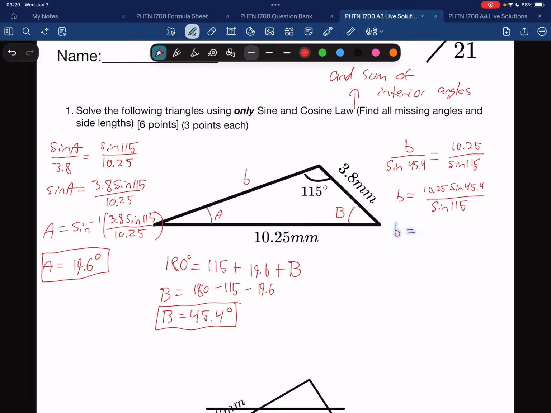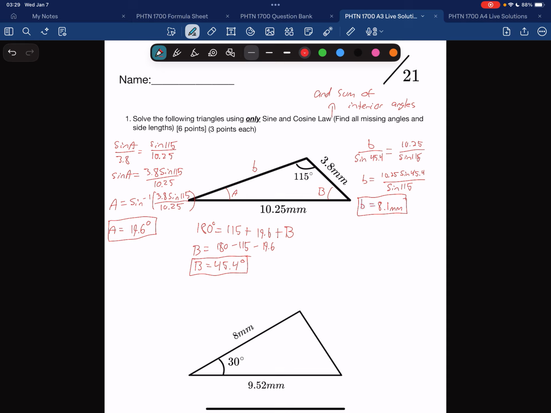And I got, let's call that, 8.1. And our units are in millimeters. Okay, great. So that was the first triangle.